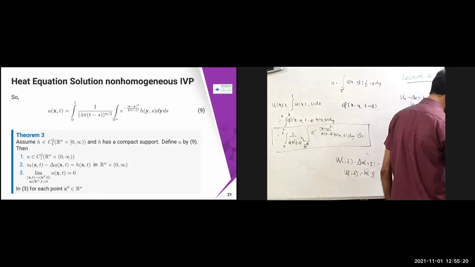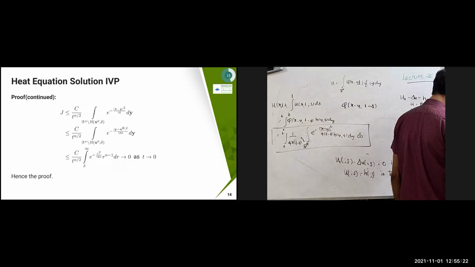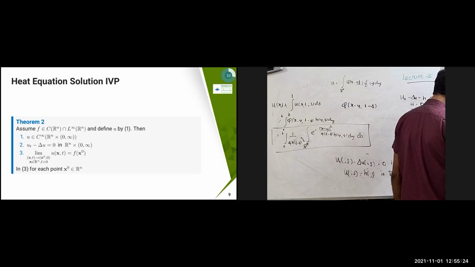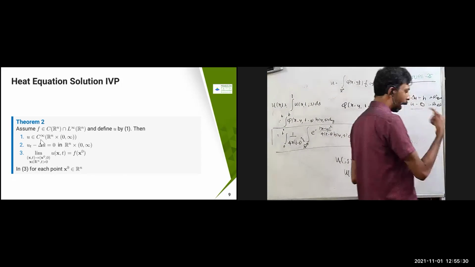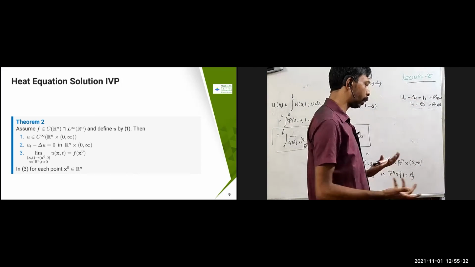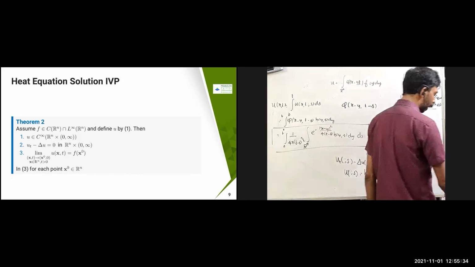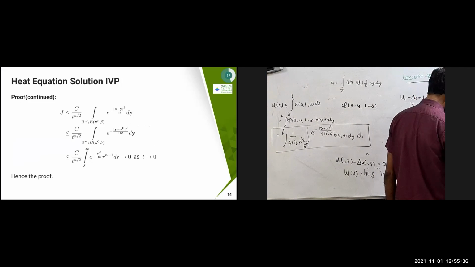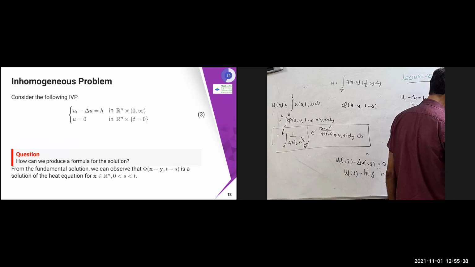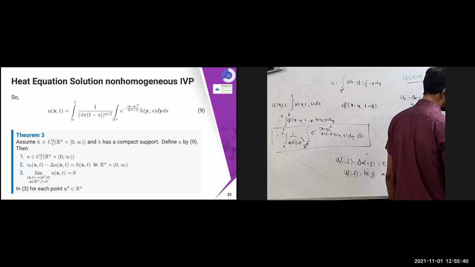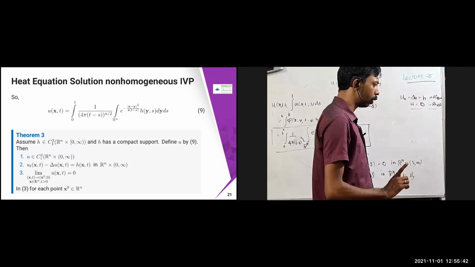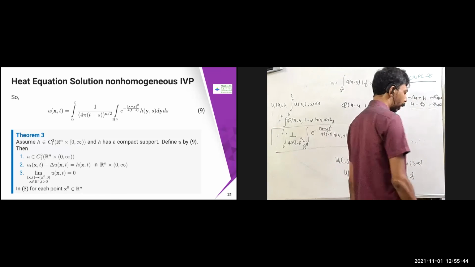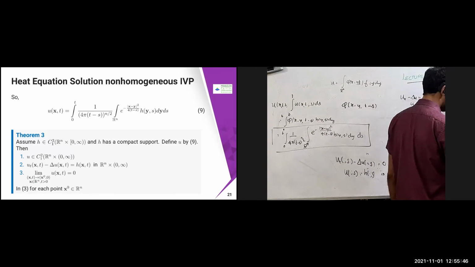Remember the major difference between theorem 1, theorem 2, and theorem 3. In theorem 2, what I proved is that if f belongs to C of R power n, then u belongs to C infinity, meaning it is infinitely differentiable. But in this case, we are not going to say that. We are saying only that u belongs to C^2_1, not C infinity, because k belongs to C^1 only.